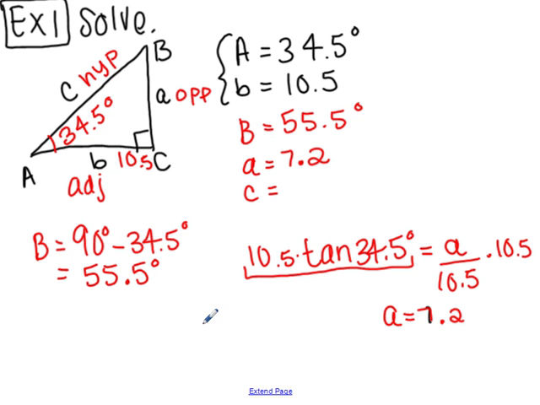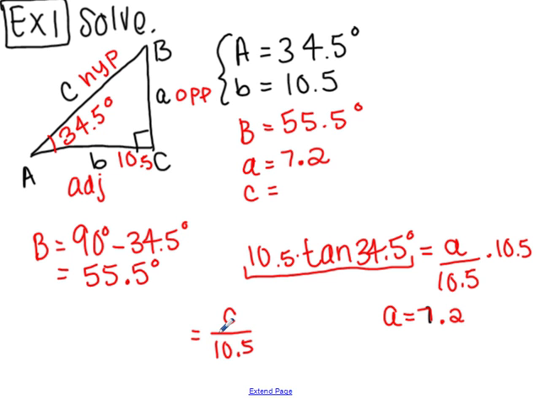Now let's find c. There are two methods we can do this. We can do it by using the Pythagorean theorem, or I can use the fact that I have an adjacent and a hypotenuse. This is the way I'm going to do it because I think it's easiest that way. So I need hypotenuse over adjacent. The hypotenuse is c. The adjacent is b, or 10.5.